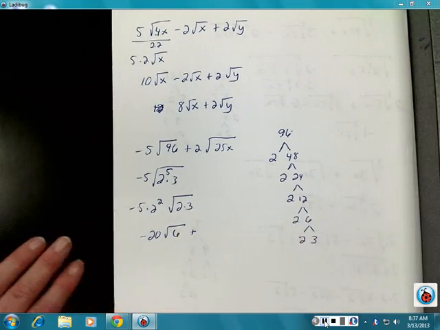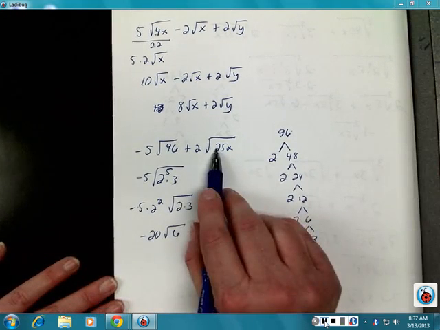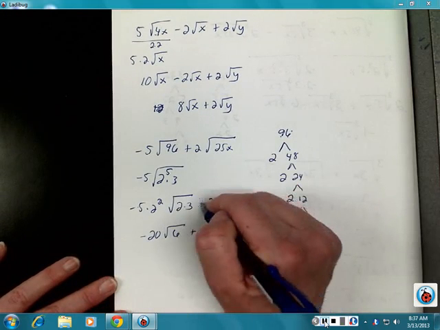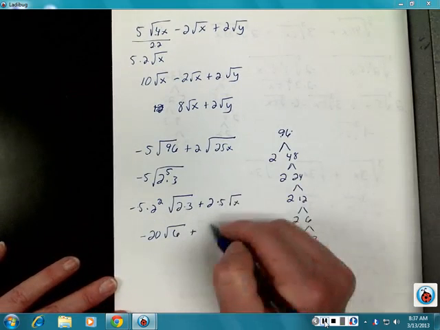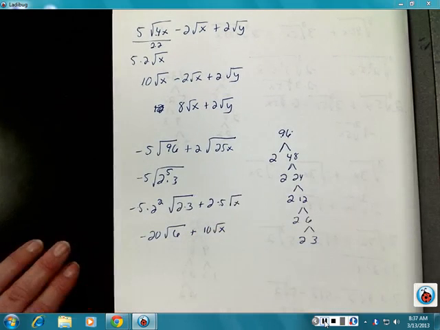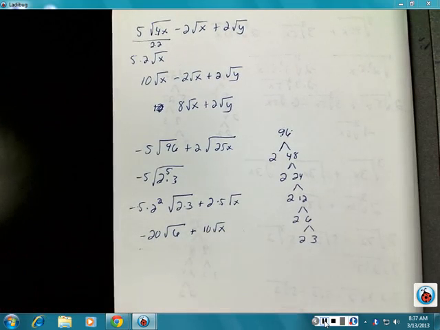And then if I simplify the second one, 25 is a perfect square, so what do I pull out? A 5. So plus 2 times 5, the square root of x. 2 times 5 is 10, the square root of x. All right, but I can't stick these together at all because they don't match each other.